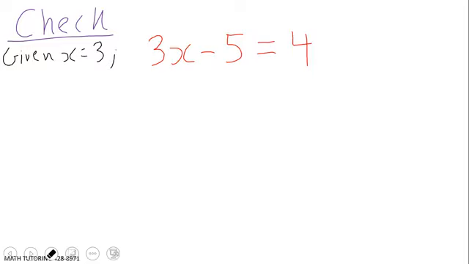So we have a left-hand side and we have a right-hand side. And in order for the equation to be true, the left-hand side must be equal to the right-hand side. Okay, so let's consider the left-hand side.